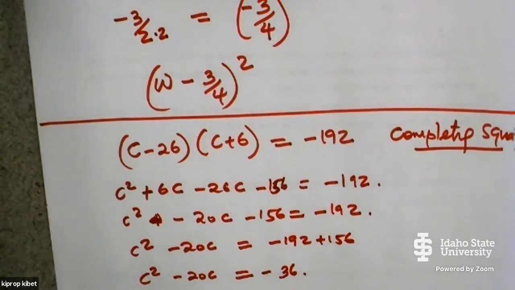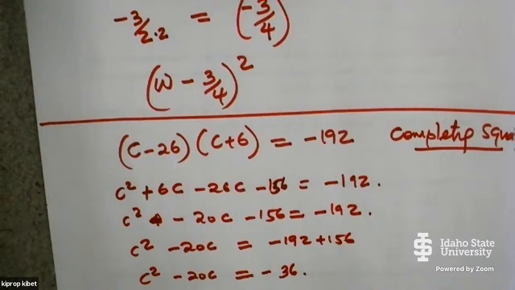Now we have this side, and we have our constant on the other side. So we want to write this in a perfect square form, which is a binomial squared.